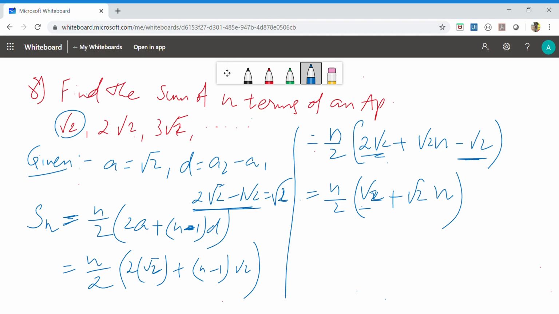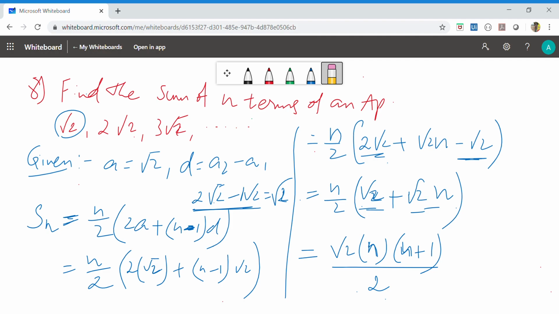So here root 2 is common. We can take it common. Root 2 is common, and the leftover is (n + 1), so Sn = root 2 n (n + 1)/2. This is nothing but Sn.